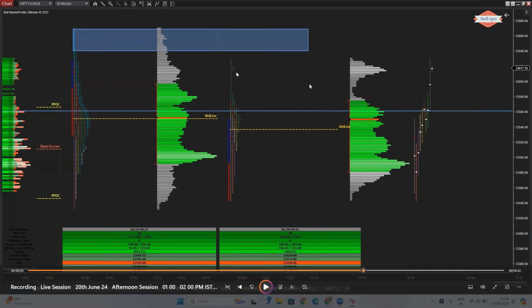So this is the time I was talking about buying the 23,600 put option, today's expiry weekly put options, which by the time we were looking into that, was trading around 28 rupees, right?